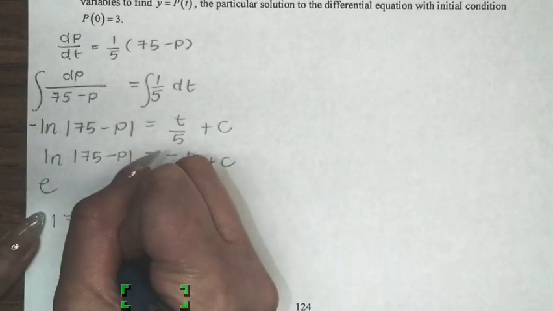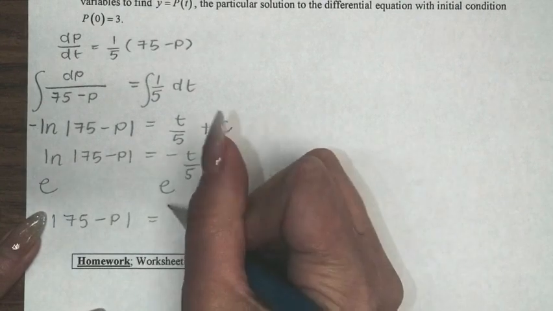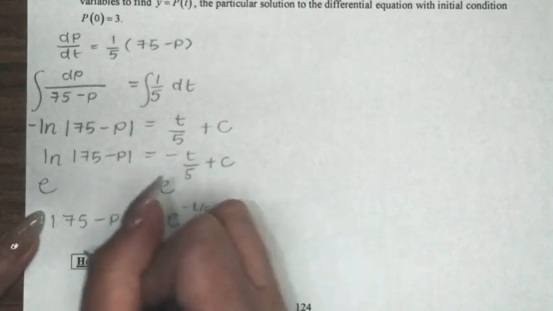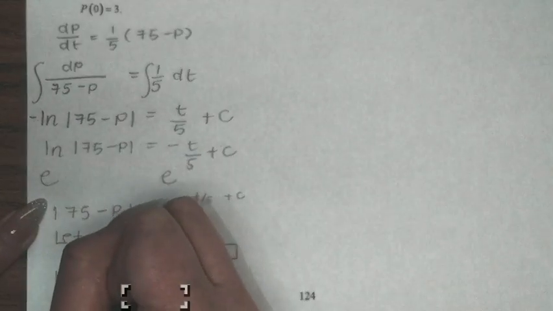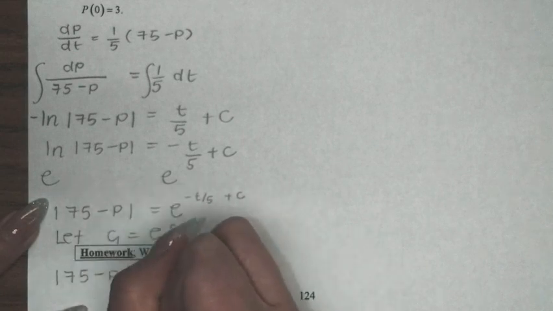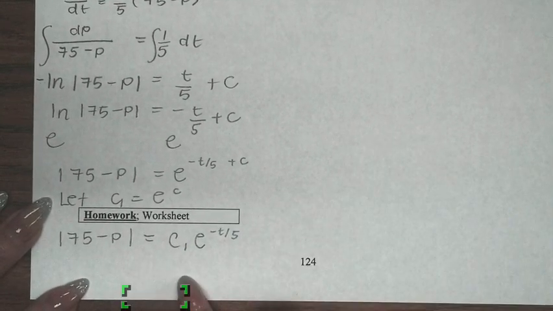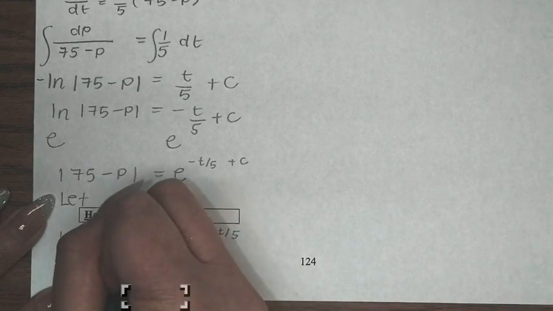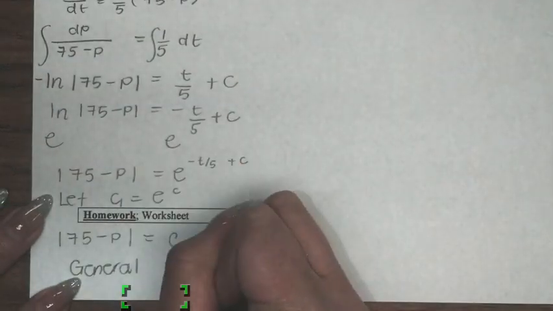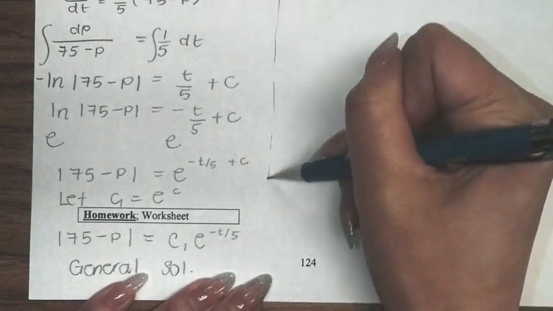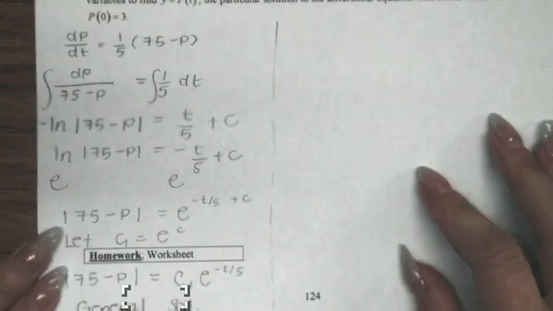So I have that the absolute value of 75 minus P is going to be equal to e to the negative t over 5 plus C. Here I'm going to let my C1 be e to the C. So my general solution is the absolute value of 75 minus P is equal to C1 e to the negative t over 5. Okay, so you have this equation as your general solution. With that being said, let's now do my particular solution.